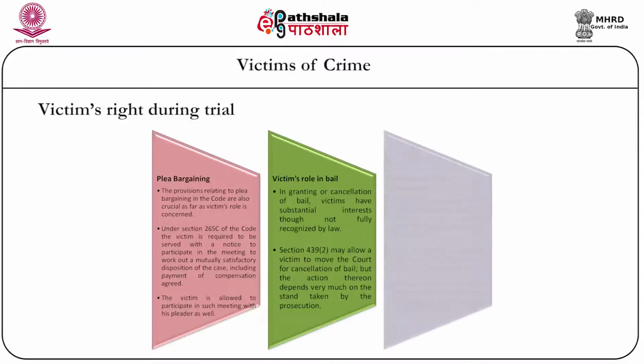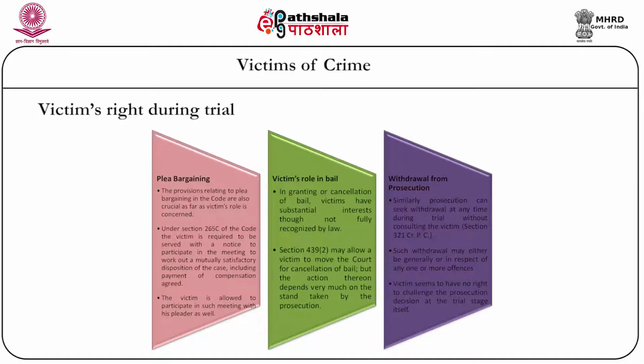Similarly, withdrawal from prosecution is another crucial stage in criminal trial. In such cases where the prosecution can seek withdrawal from prosecution, he need not consult the victim. Such withdrawal may either be generally or in respect of any one or more offences. Victim seems to have no right to challenge the prosecution decision at the trial stage itself.